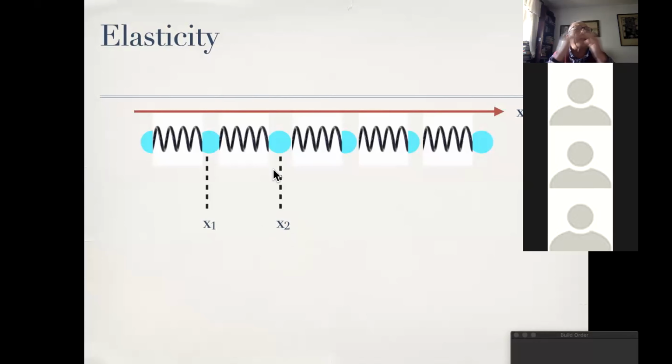But the particles which form the lattice must have some kind of interaction between each other, because if they didn't have the interaction, then there would be no reason that they keep exactly a certain distance from each other.